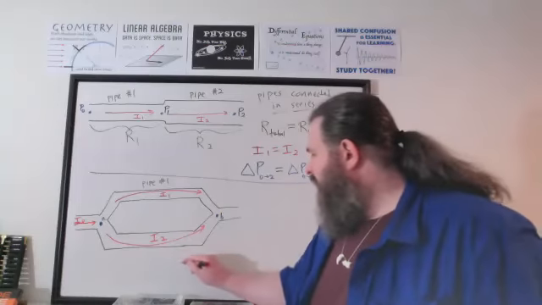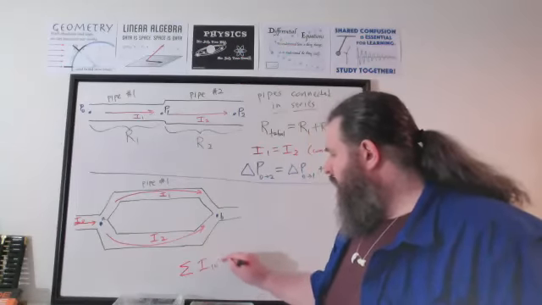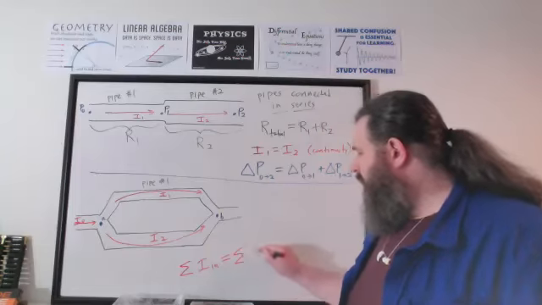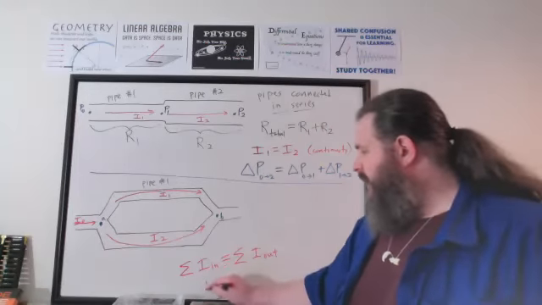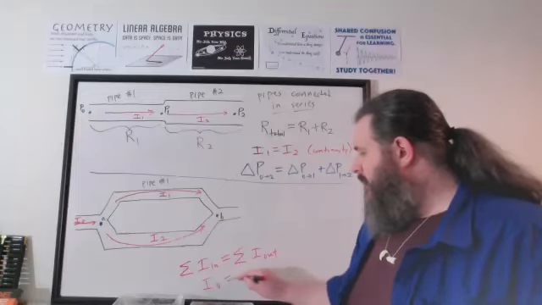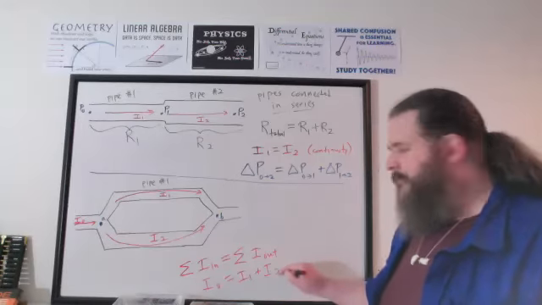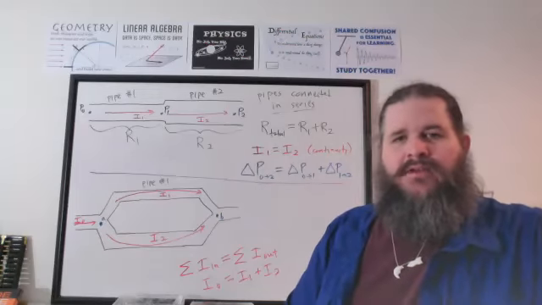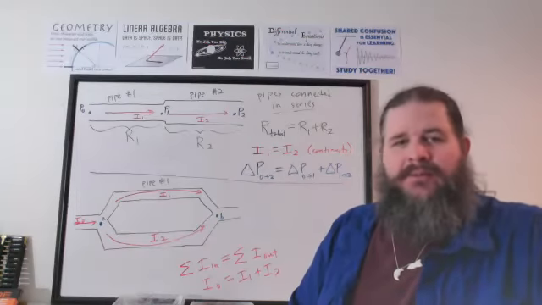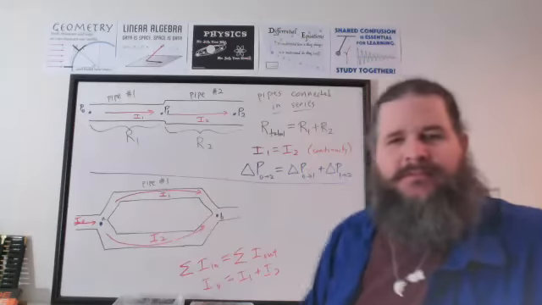We sometimes write that as the sum of the current flowing in has to equal the sum of the current flowing out. In this case, the current flowing in is I0 alone. The current flowing out is I1 plus I2 together. So this is the modified version of the continuity principle. It's still the continuity principle. It's just that the current flowing out has split into two paths.